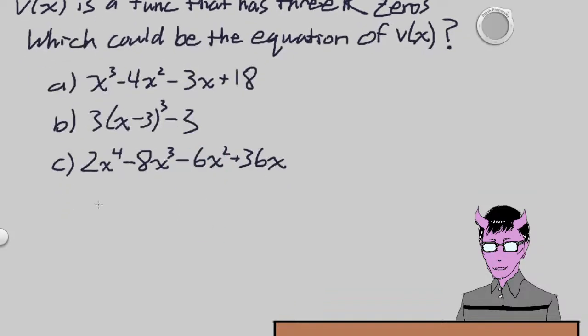And then lastly, I wrote C twice for my worksheet. Whoops. The last option is going to be 4 minus x minus 1 to the power of 6.